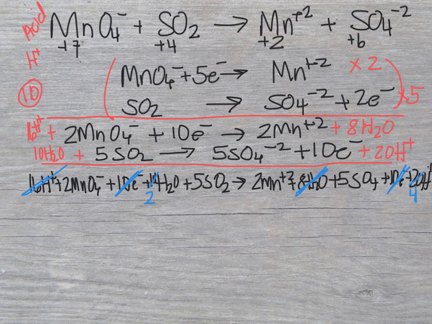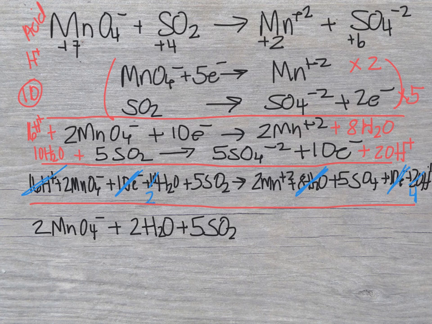Okay, so let's now see what's left. We have 2 MnO4 minus, 2 H2O, and 5 SO2, making 2 Mn plus 2s, 5 SO4s, and 4 H plus.